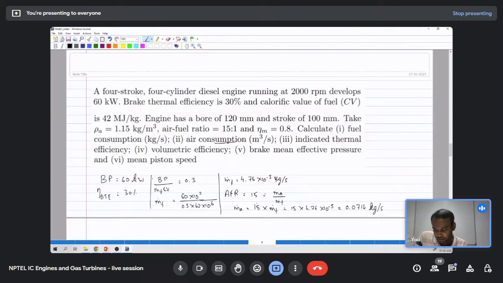Now we need to calculate indicated thermal efficiency. So we have the brake power and mechanical efficiency. With this we can calculate the indicated power.